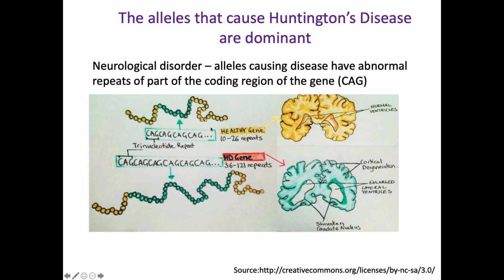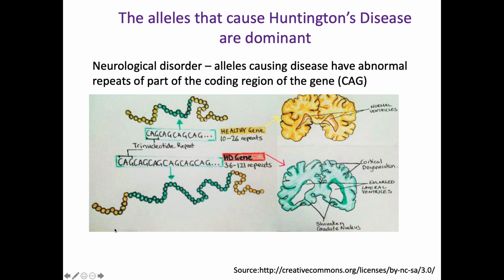Alleles that give rise to Huntington's disease have more of these repeats. They'll have on the order of 36 to 121 of these CAG repeats in the non-template strand of the DNA and the messenger RNA, coding for 36 to 121 glutamine amino acids in this protein.